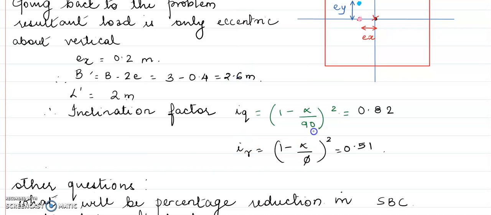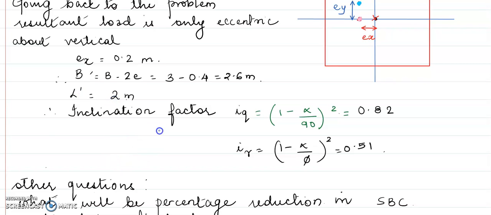So if the footing has this kind of eccentricity, in your equation of qf, the B value that you substitute will be 2.6, not 3. You have to deduct some value because of the eccentricity. However, since it is only eccentric in one direction, the L value, the length of the footing, will not change.